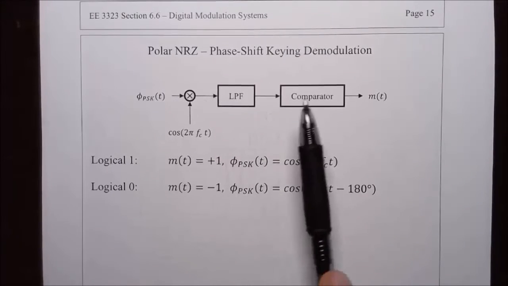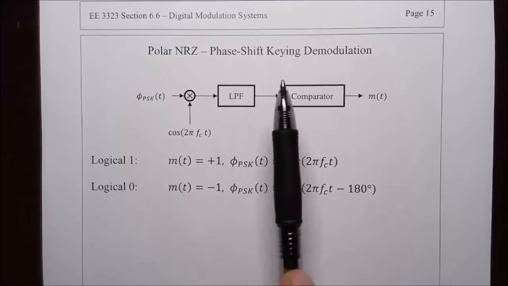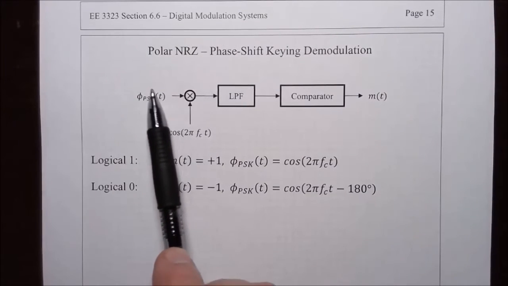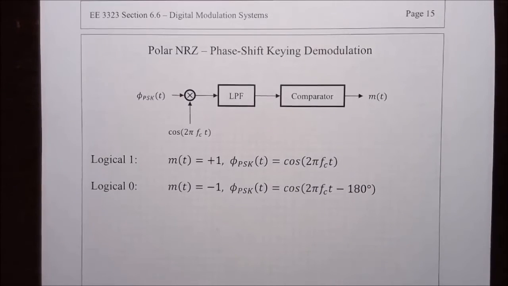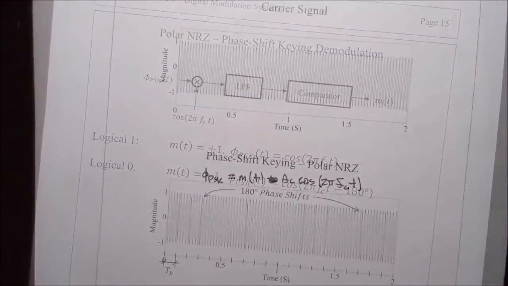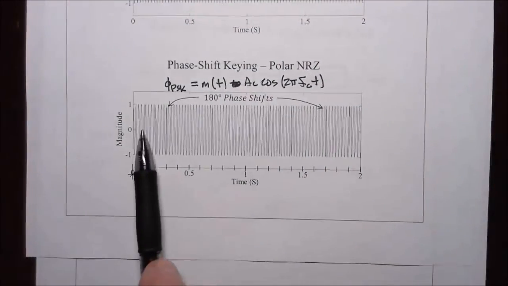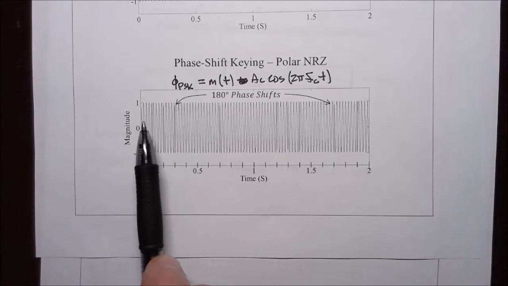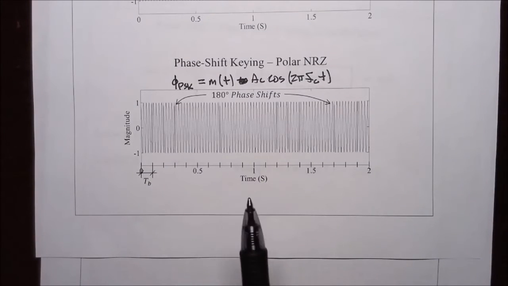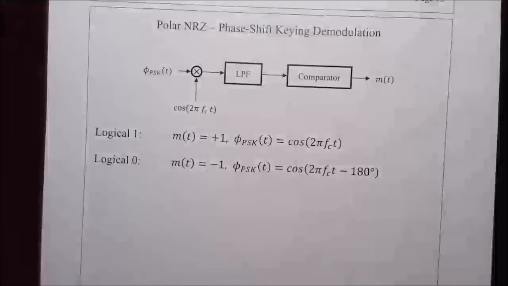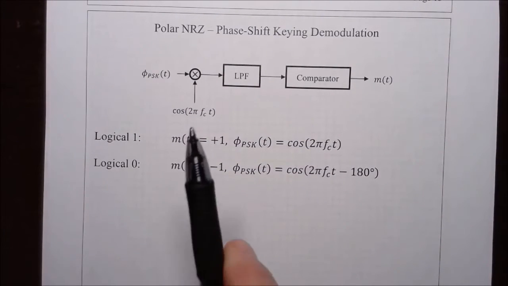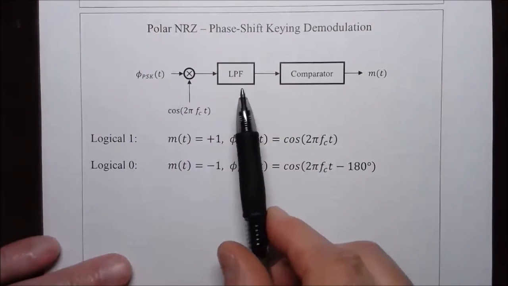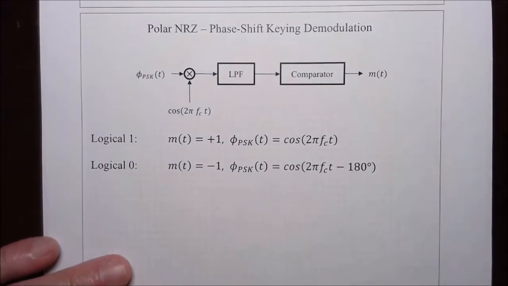Now let's consider demodulation of this phase shift keyed signal. We take the phase shift keyed signal, which has a phase angle of either 0 or 180 degrees, into a mixer with a replica of the carrier signal, and then through a low-pass filter, and then through a comparator.